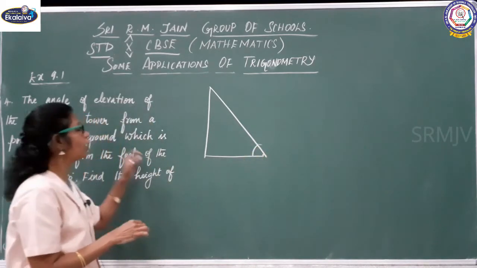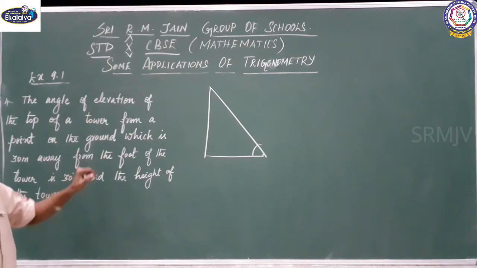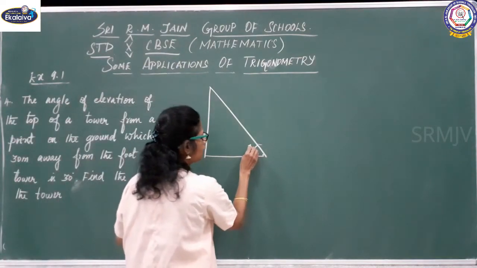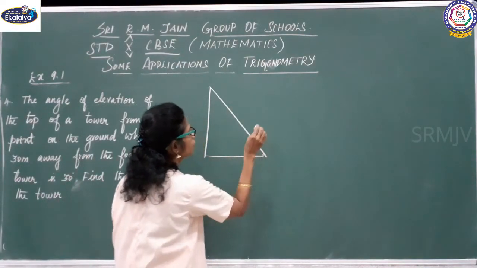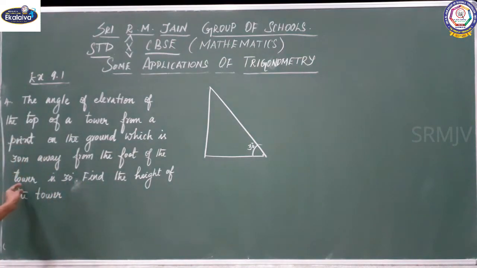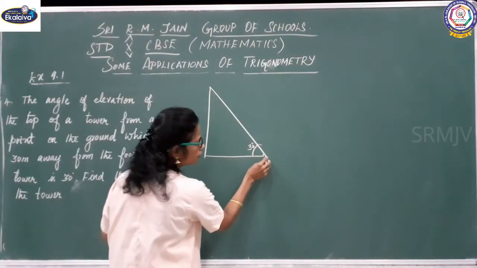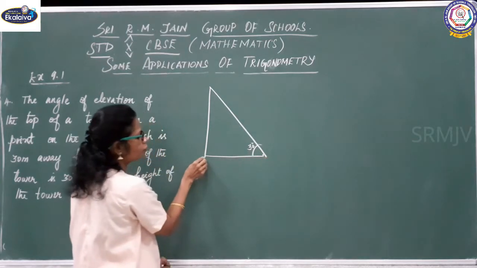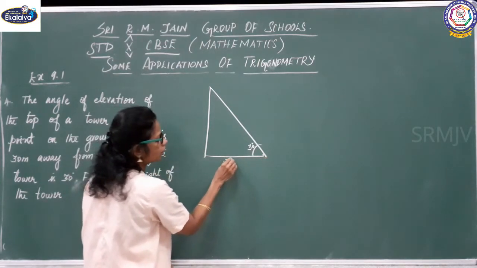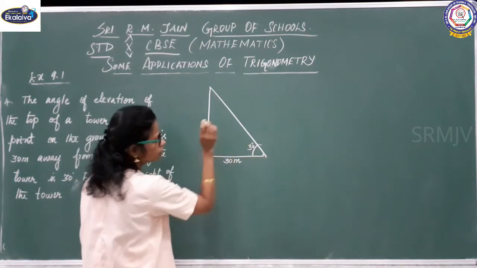That's why we mentioned as angle of elevation. That is 30 degree. Here they given us the ground which is 30 meter away from the foot of the tower. That means the distance between the point and the foot of the tower is 30 meter. Right?